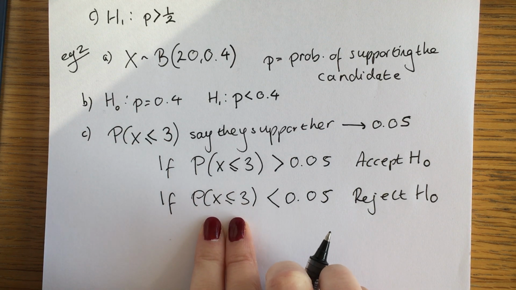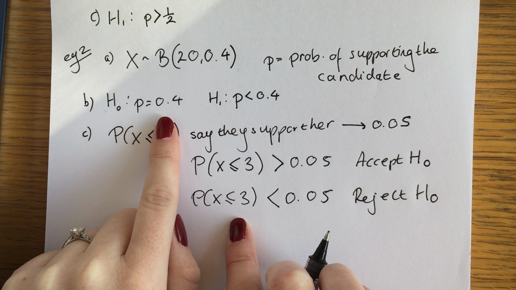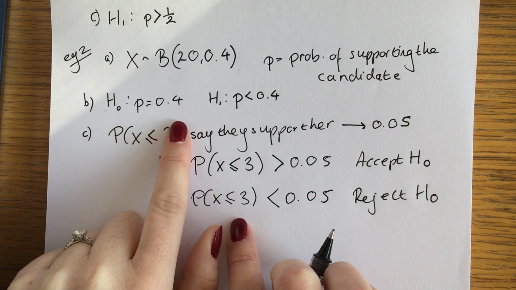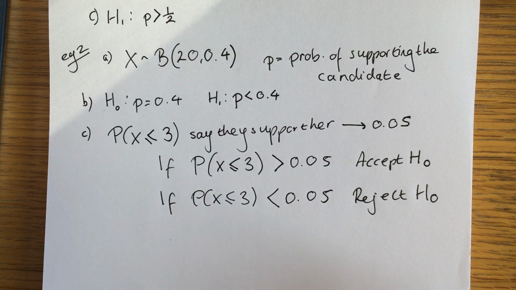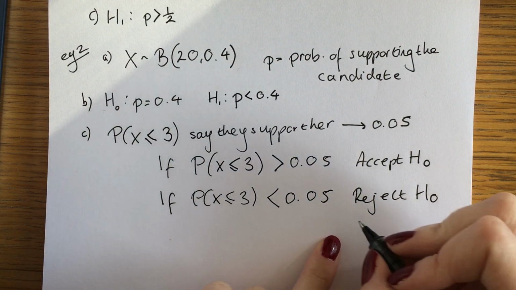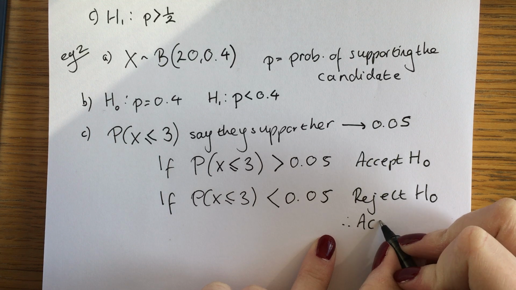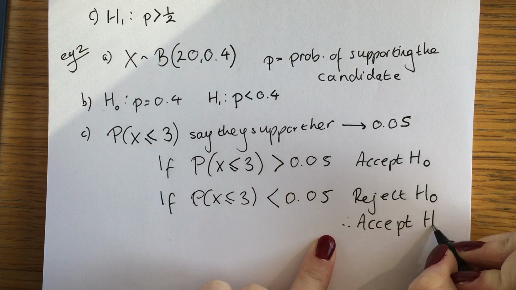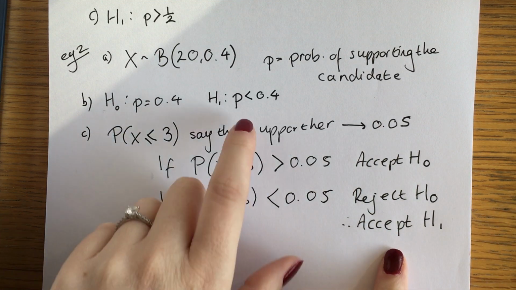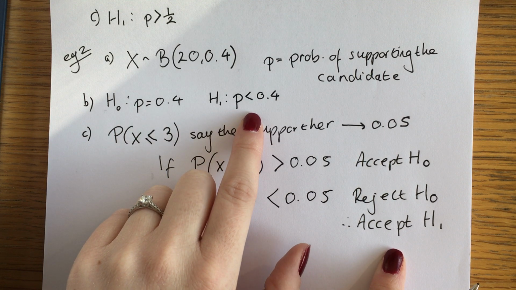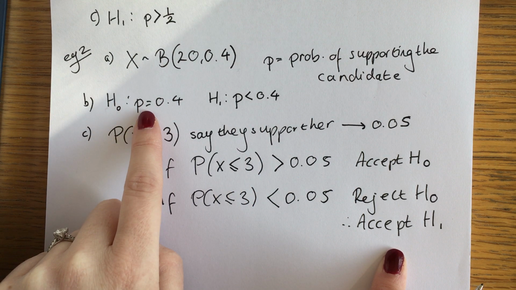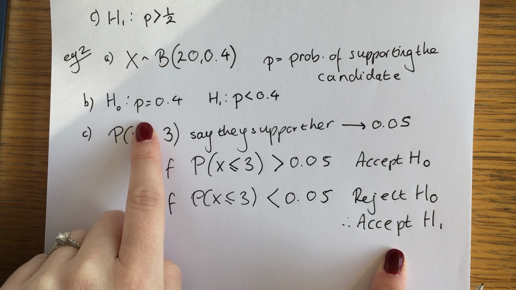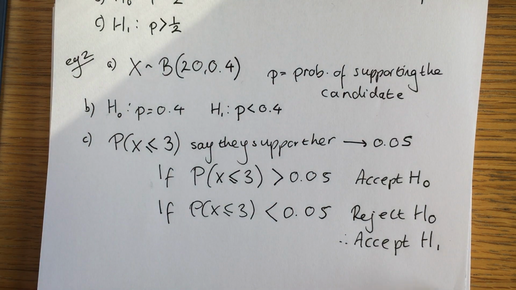That's so unlikely to happen that our original premise must be wrong. It can't be that 40% of people support her, because this is so unlikely to happen in a sample that we must be wrong. And if we reject the null, we then accept the alternate, which is that less than 40% of people must support her. Because it's so unlikely to happen if 40% of people support her, it must be that less people support her.